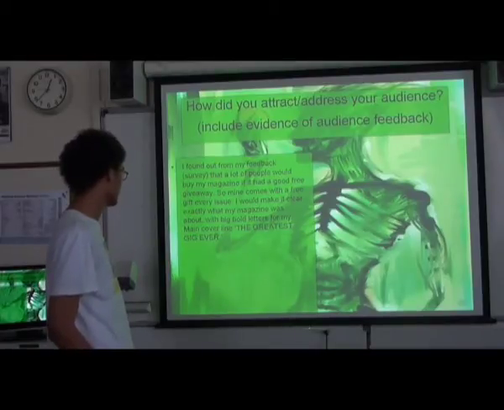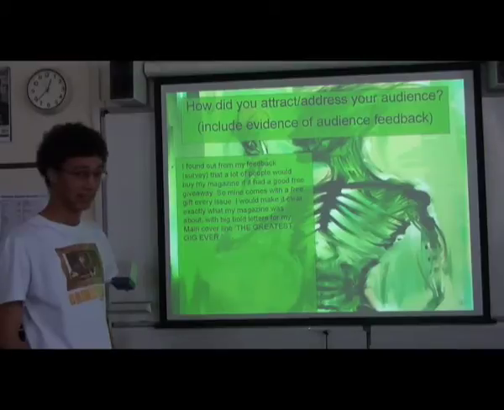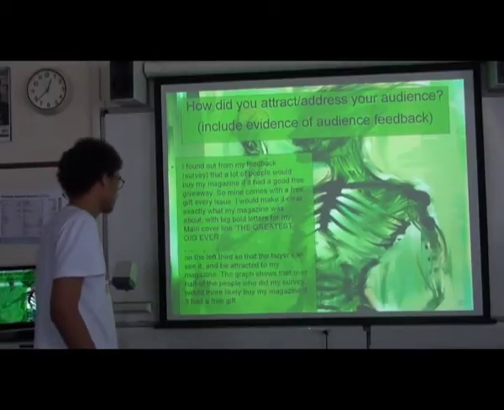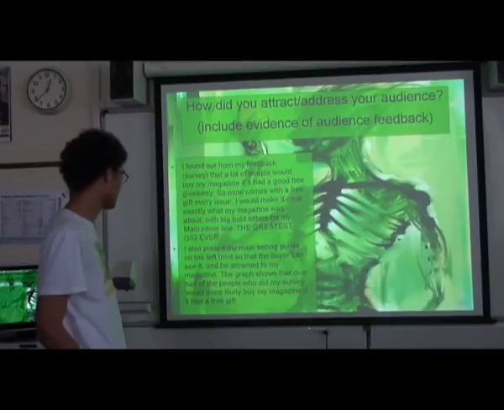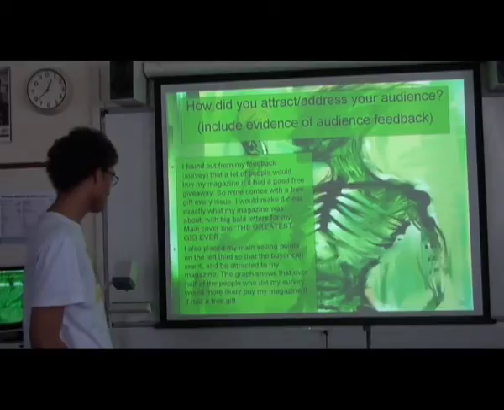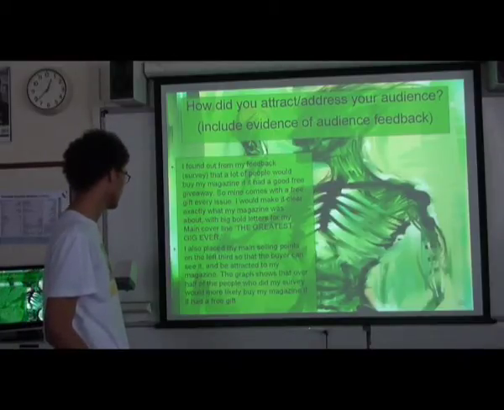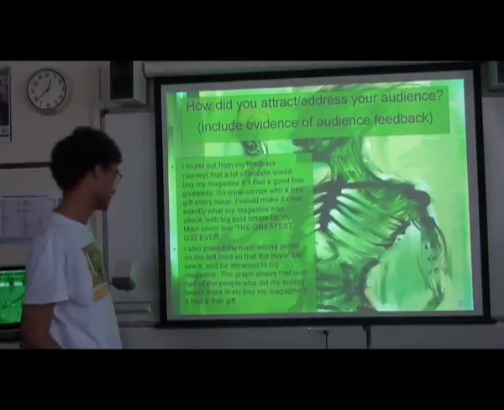I would make it clear exactly what my magazine is about, with bold lettering for my main cover line, the greatest gigs ever. I also placed my main selling points on the left third so that the buyer can easily see the most attractive points of my magazine and see what's the content inside.